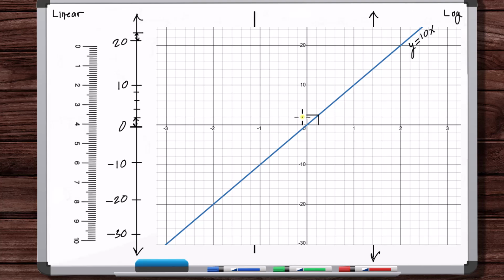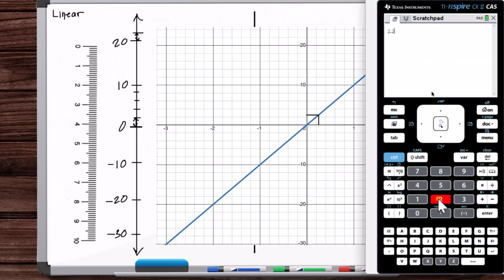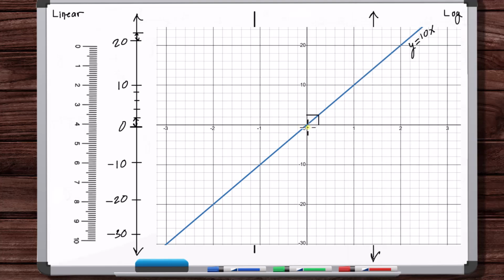If y is equal to 2.25, divide that by 10 and solve for x, and you get an x value. That would be 0.225. So you know that I need to go 22.5% of the distance from the origin to the first major tick mark. And so you apply that 22.5% to your actual physical measurement on the page.